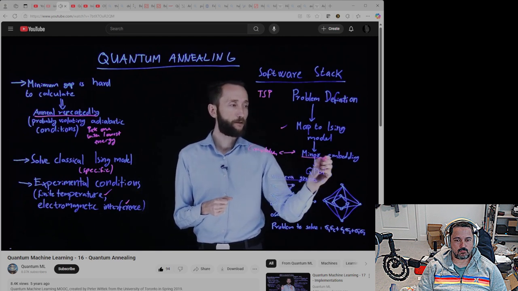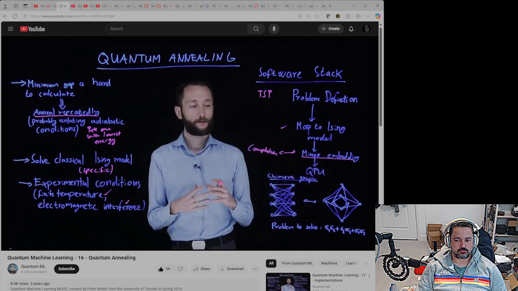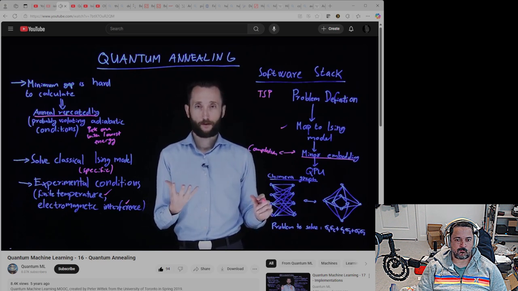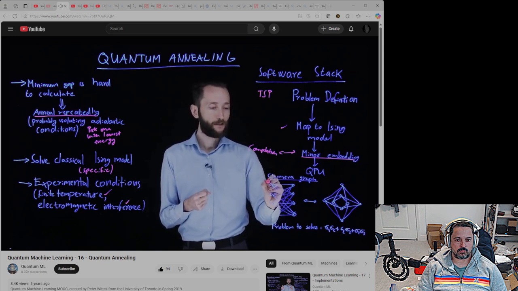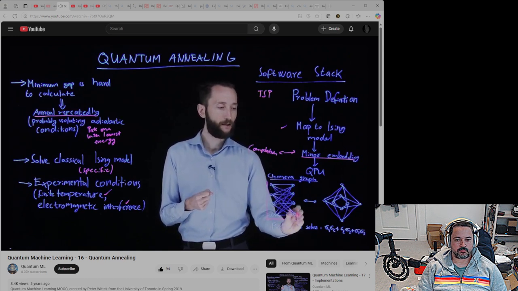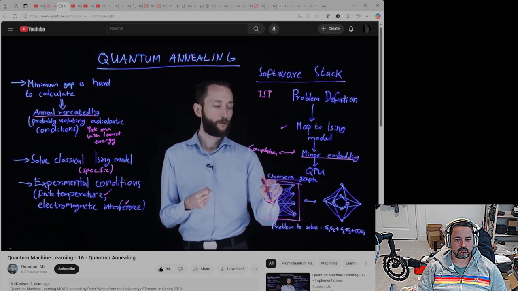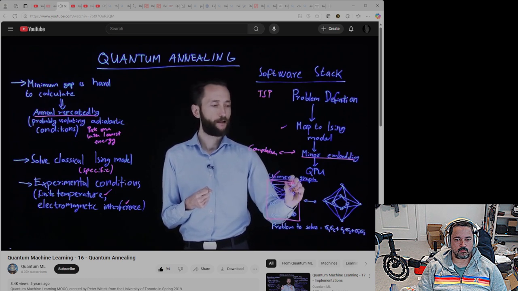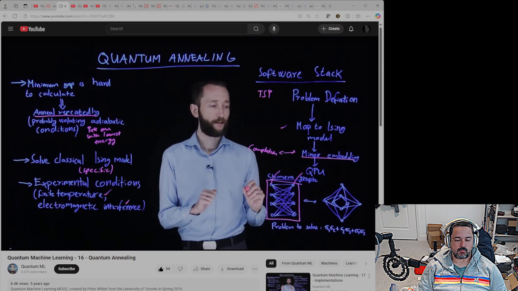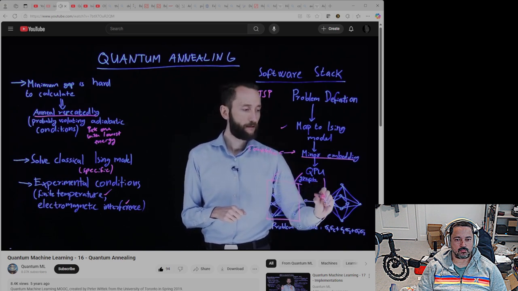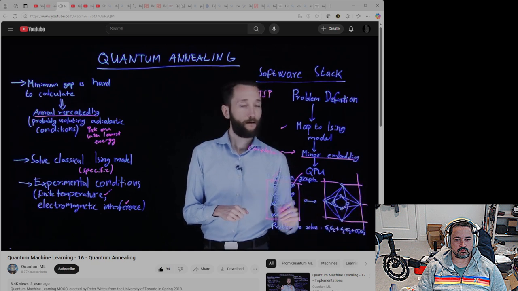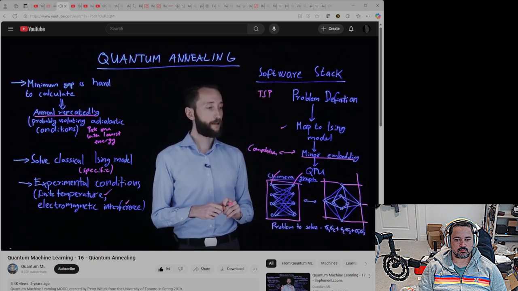And when it comes to minor embedding in an annealer, what can happen is that your qubits may not be fully connected. For instance, in this 2,000 qubit architecture, you have these unit cells consisting of 8 qubits, and 4 qubits are fully connected between these two sides. And then each one of these qubits has longer range interactions to the next unit cell, which is the same thing as writing this graph and having these long range connections to the neighboring unit cells.